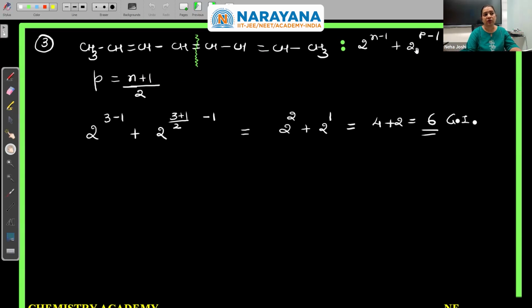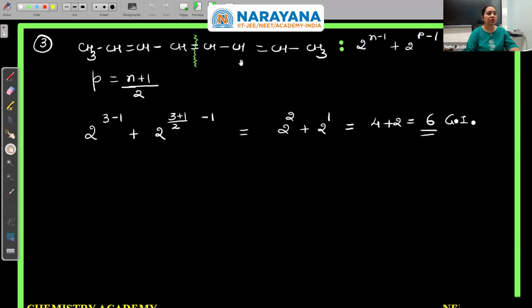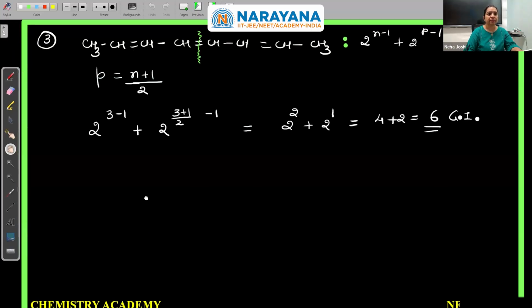So 2 raised to n minus 1 plus 2 raised to p minus 1. n is 3, minus 1, 2. p is n plus 1 by 2, so 3 plus 1 by 2, 4 by 2, 2. 2 minus 1 is 1, so 2 raised to 1. Answer is 4 plus 2, 6. Total GI should have been 8 by the 2 raised to 3 logic. But due to symmetry, there will be some cases which are identical and cannot be recounted, and therefore the answer will be 6.